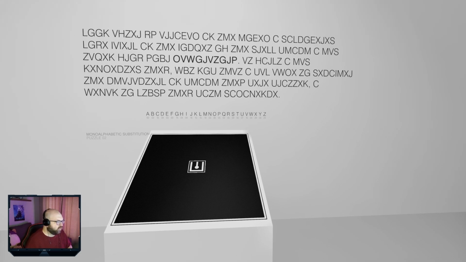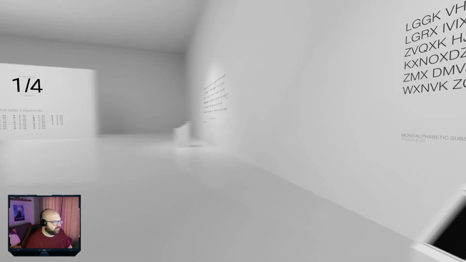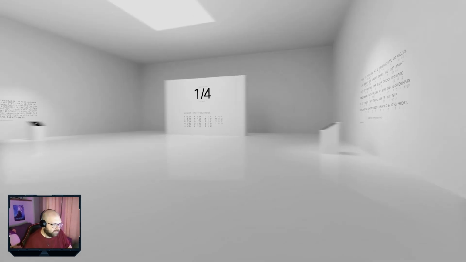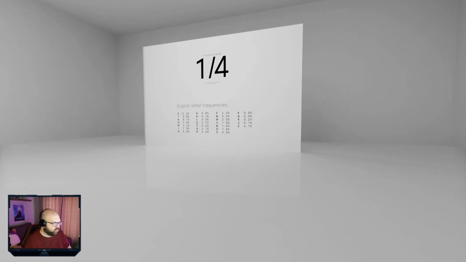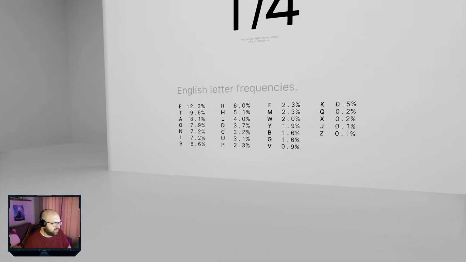Not necessarily. We've got an 18, which is M, which is 18 as well. So the 18 C's and 18 M's. So based on frequency, would that be E and T? Because those are the two most frequent. But they're both the same.